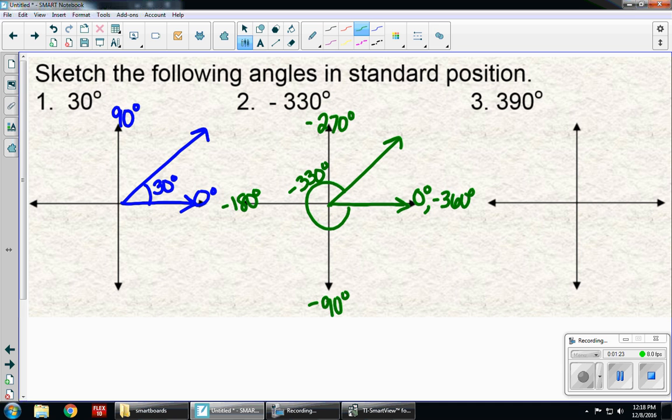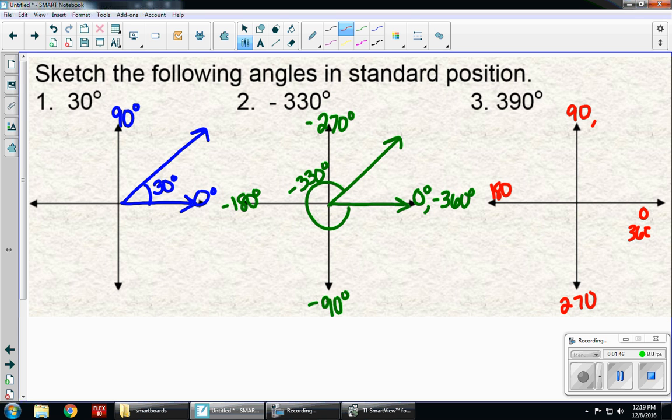If you notice, they're the exact same terminal side. They rotated in different directions, but the terminal side is the same. And lastly, number 3, I have 390 degrees. So I start at 0, 90, 180, 270, 360, but I have to keep going.